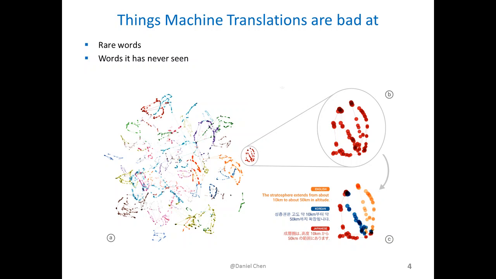of how Google released a research paper documenting zero-shot translation, which essentially, this is showing a projection of, showing just how certain word pairs cluster together. And essentially, that red area right there all represents one specific sentence, which in English is: the stratosphere extends from about 10 kilometers to about 50 kilometers in altitude.